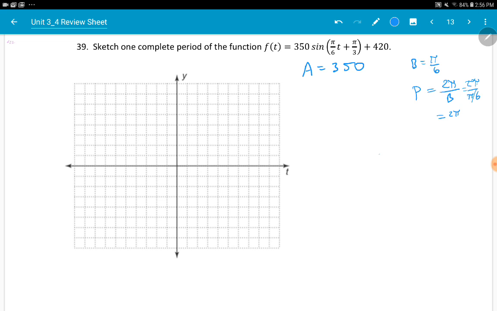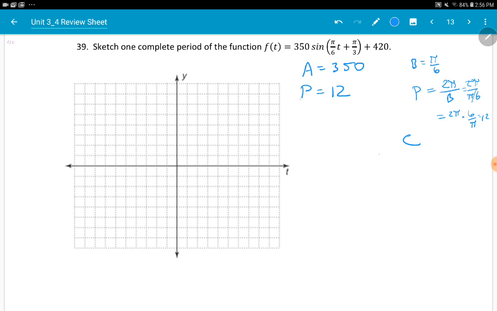So it's 2 pi times 6 over pi, which equals 12. So my period equals 12, which is really what I want, not so much the B.